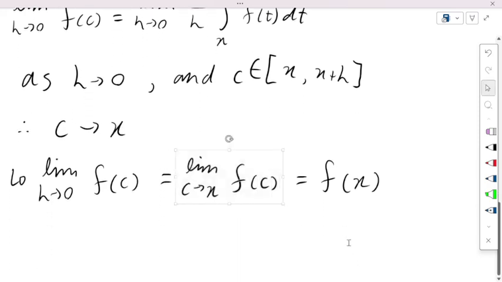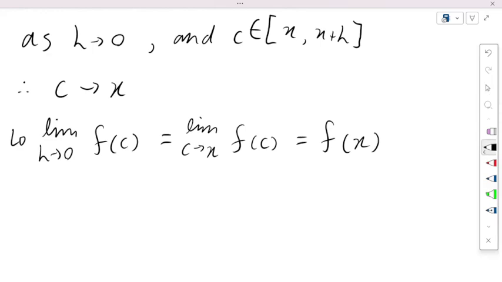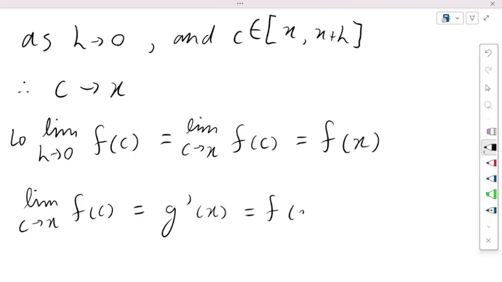So therefore, we can say that the limit as c approaches x of f of c is equal to g prime of x, which is also equal to f of x. Okay, and that is basically the proof using the fundamental theorem of calculus, part 1.